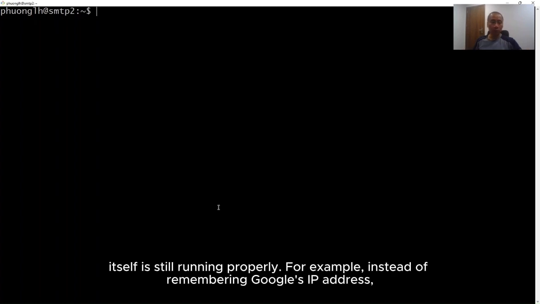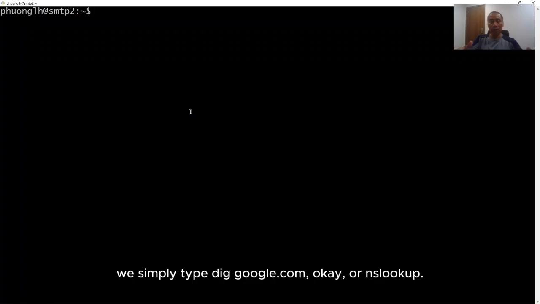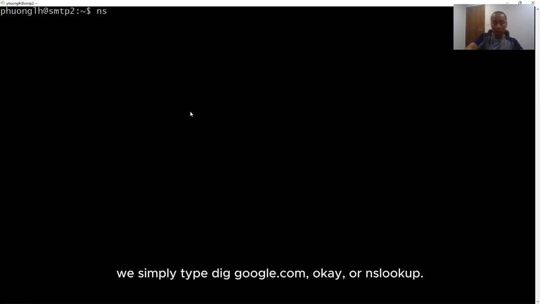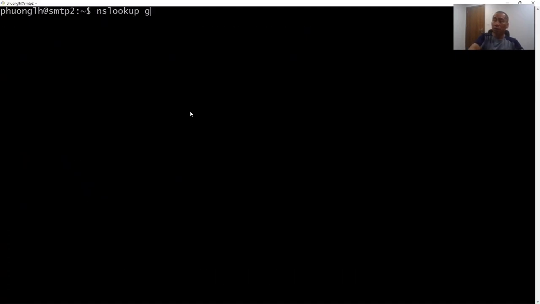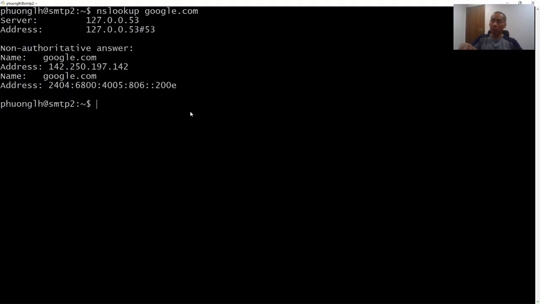For example, instead of remembering Google's IP address, we simply type google.com, or use nslookup. DNS issues are some of the most common problems in real-world troubleshooting.